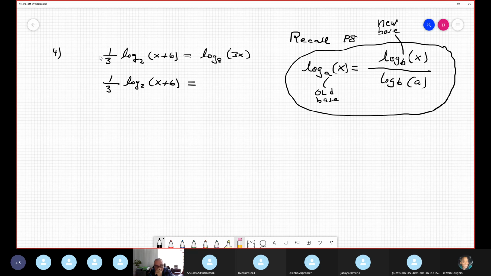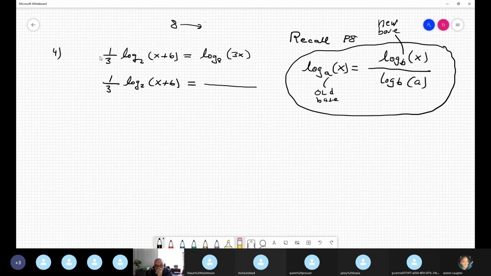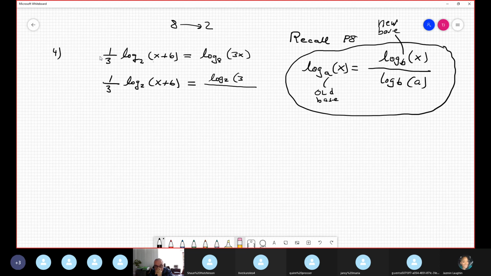Okay. So now you have division because the formula involves division. What is my goal? My goal is to convert A to 2. It's logarithm base 2, because B now is the new one, is 2. And the expression is exactly the same, I don't change this.